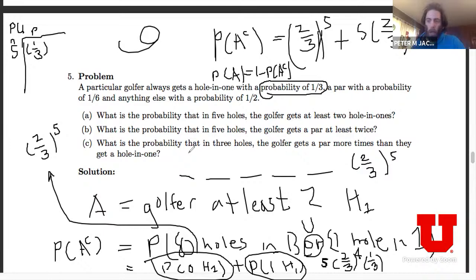If you just want to think about it more algorithmically, you can let x equal the number of holes in 1, and then x is a binomial random variable with n equal to 5 trials and p equal to 1/3, and then you can go to the binomial table to look up the probabilities if you wanted to think about it like that.